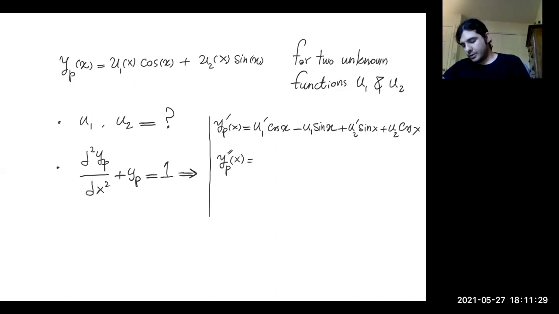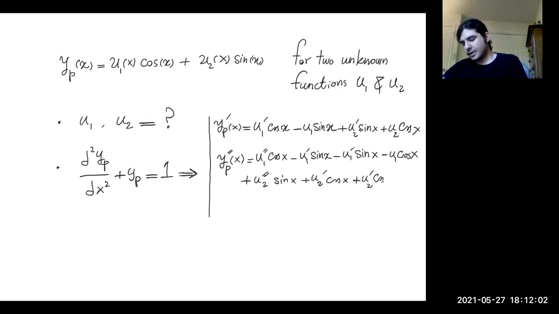It would be equal to u1 double prime cosine of x minus u1 prime sine of x minus u1 prime sine of x minus u1 cosine of x plus u2 double prime sine of x plus u2 prime cosine of x plus u2 prime cosine of x minus u2 sine of x.